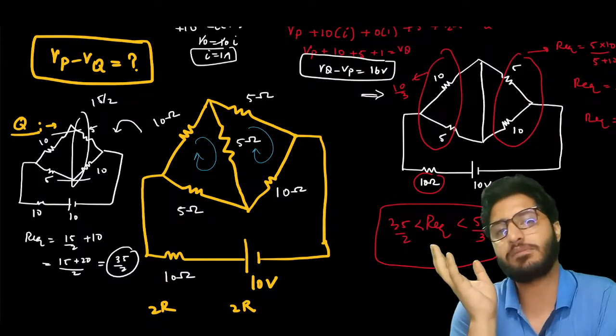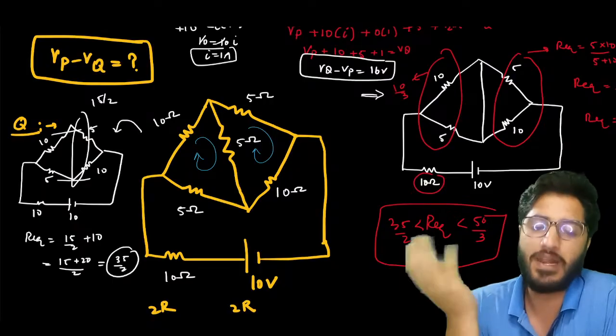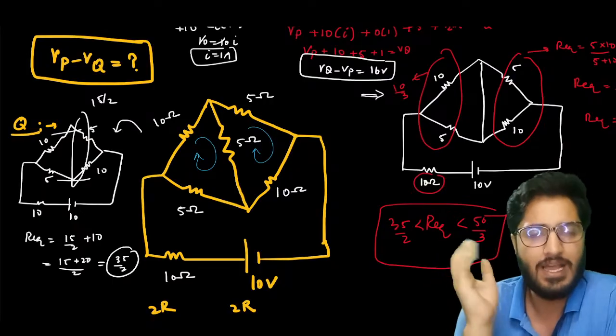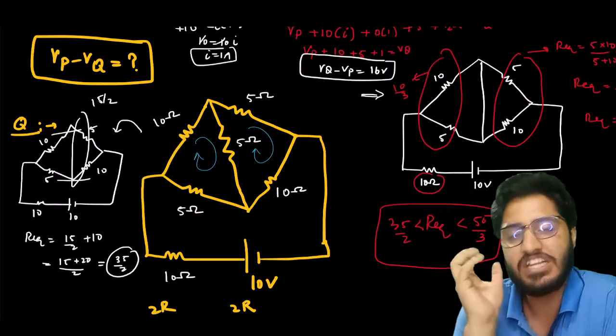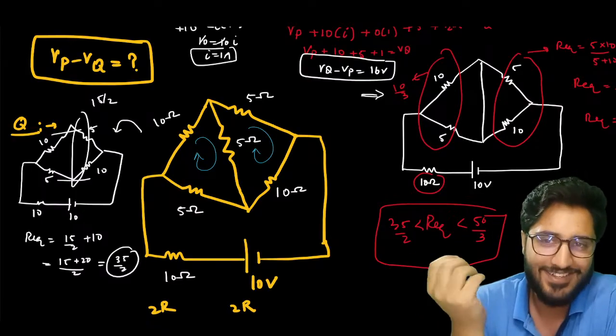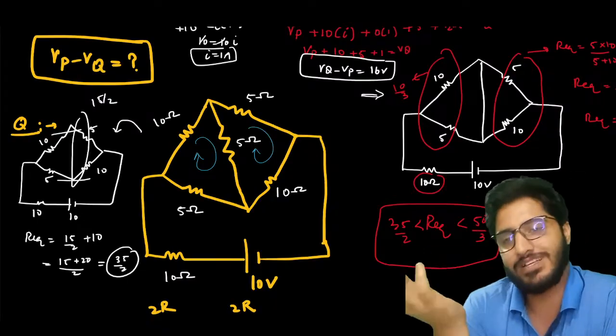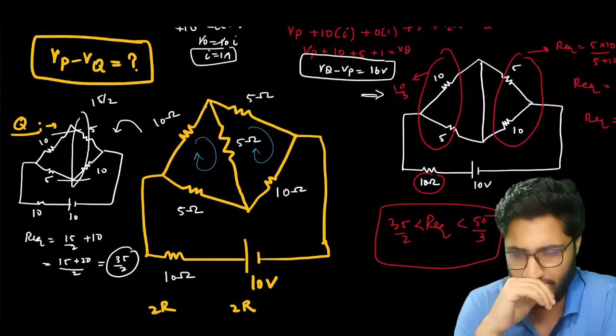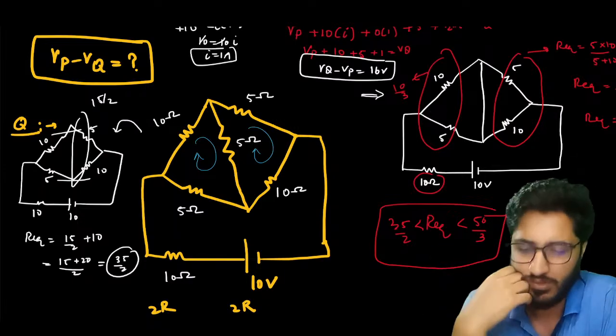Look, in your examination, it is a very rare case that you will find any numerical based on unbalanced Wheatstone bridge. And most teachers don't teach these things, right? But why do we take any kind of risk now? We need to know now if this one is in the syllabus, so why not do some numerical based on this one?